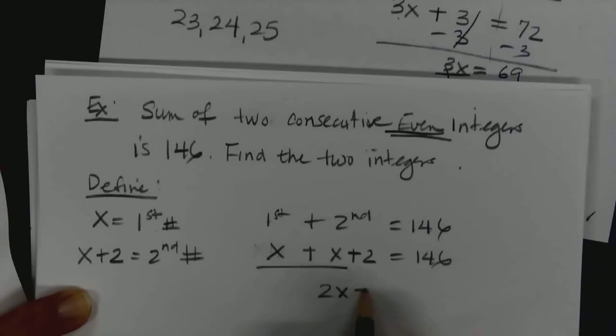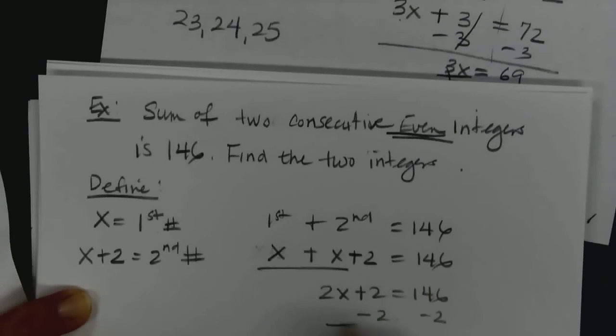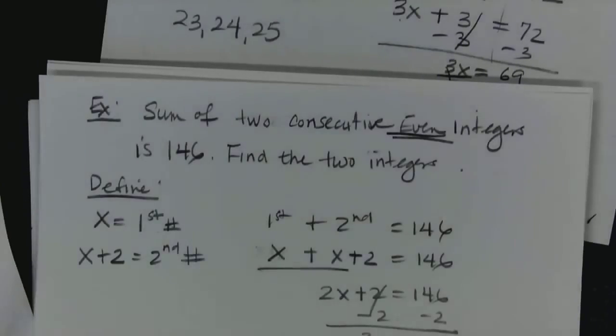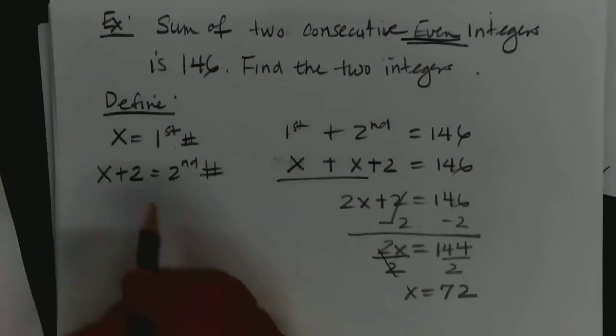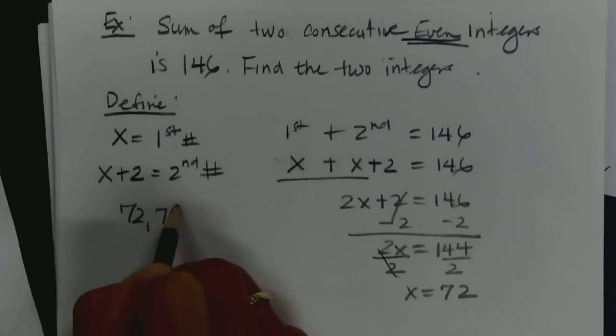So these two make it 2x plus 2 equals 146. Minus 2, minus 2. So this will be 2x equals, what is that, 144. Divided by 2, divided by 2. X is equal to 72. So that's my first number. And then if I add 2, my second number would be 74.